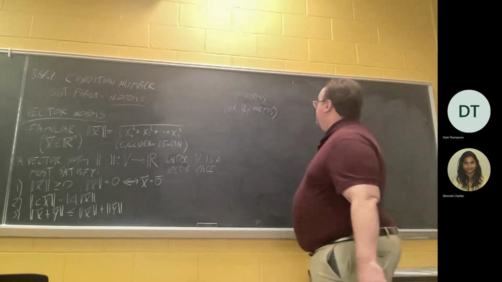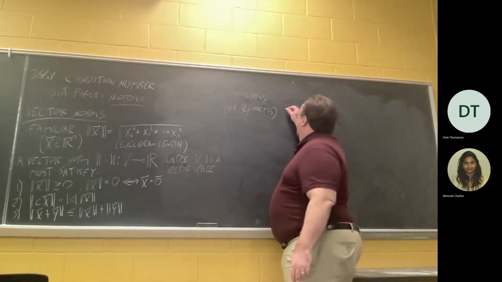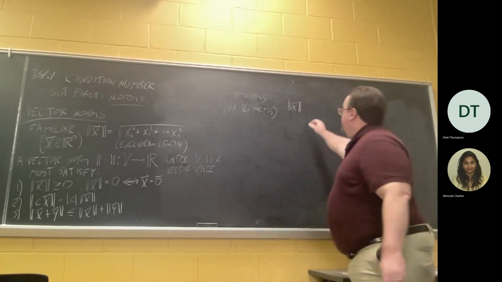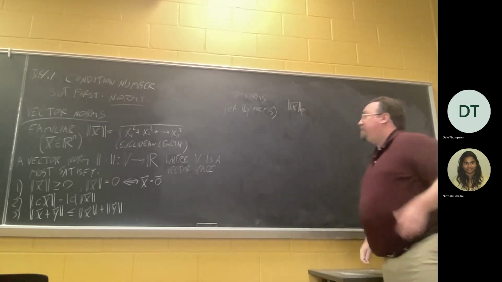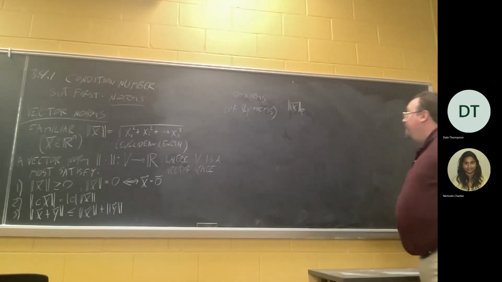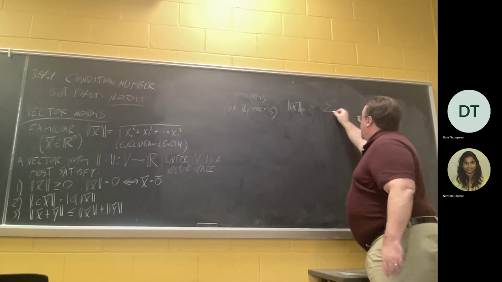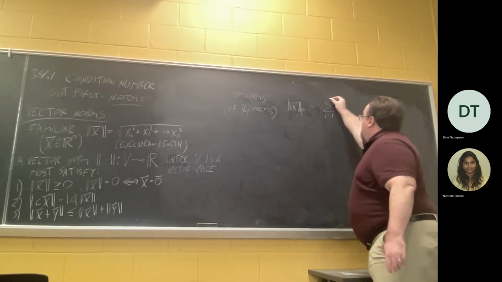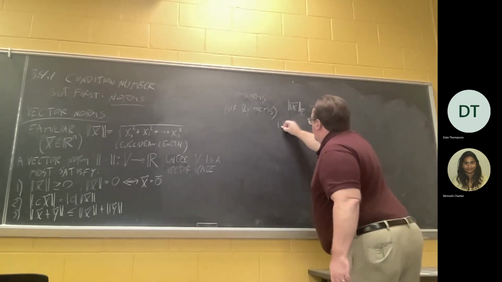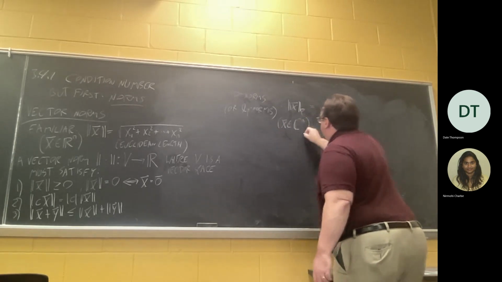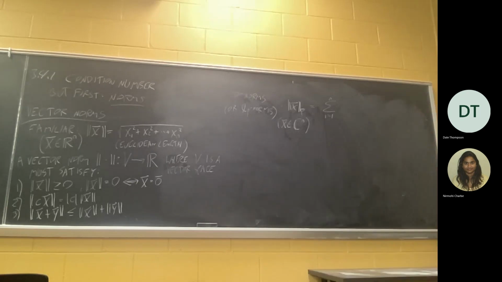So they all have a common definition, where we identify which p norm it is using a subscript. So p is a number in this case, and the norm is defined to be the sum... I'm going to write this definition so that it works for real or complex vectors.